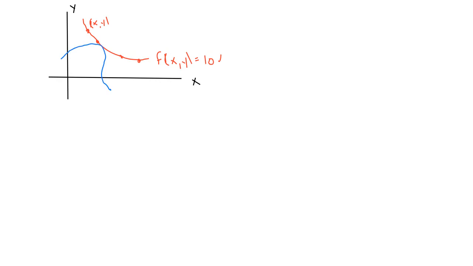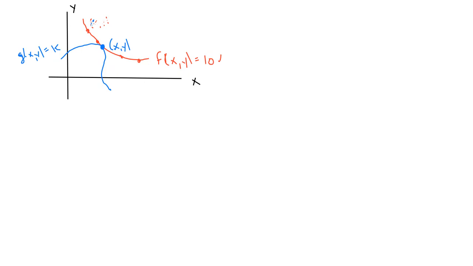So this is your constraint, some constraint g of x, y equals k. And this coordinate x, y right here is the coordinate that satisfies the constraint but also maximizes the function.